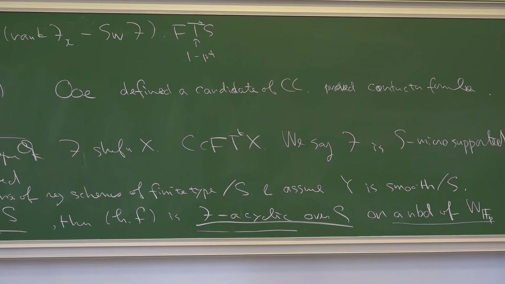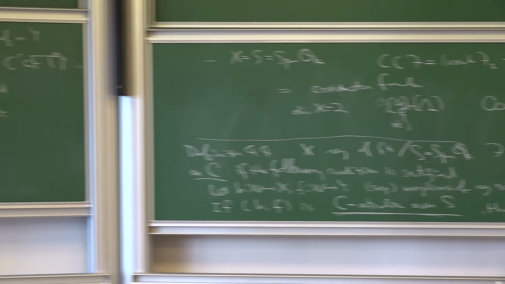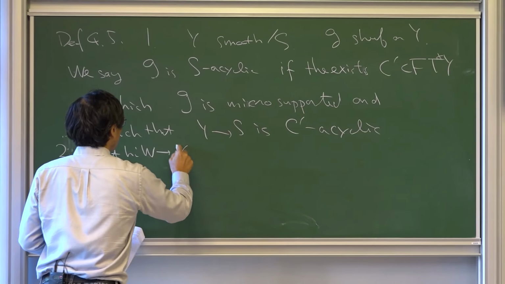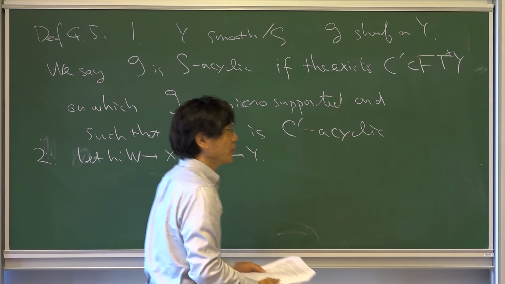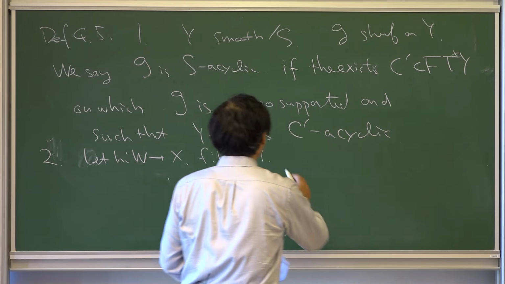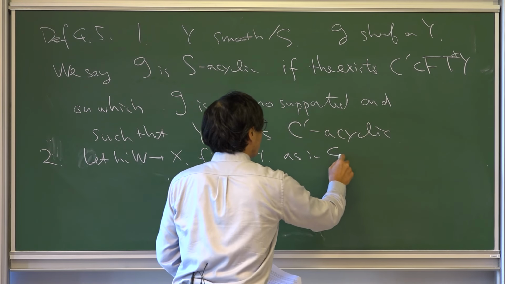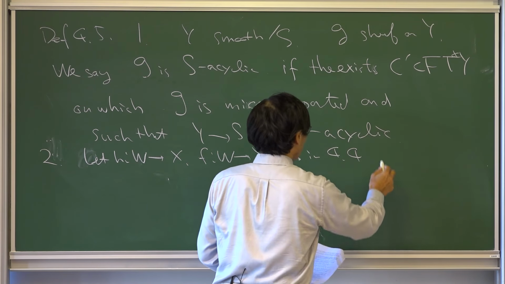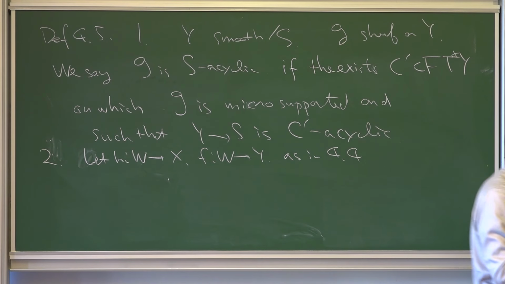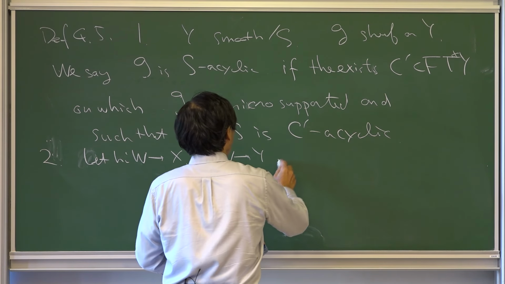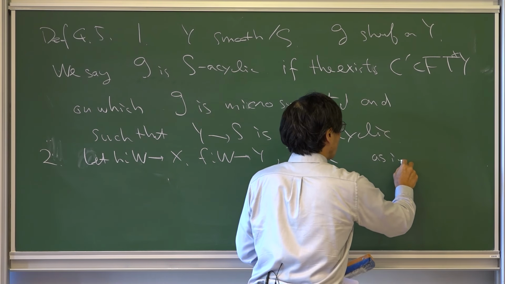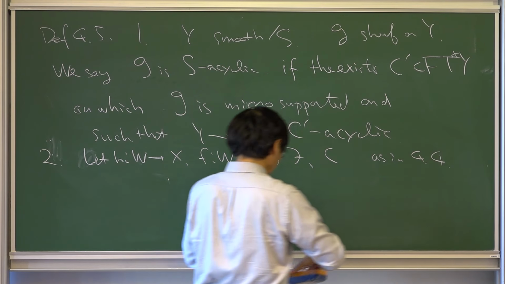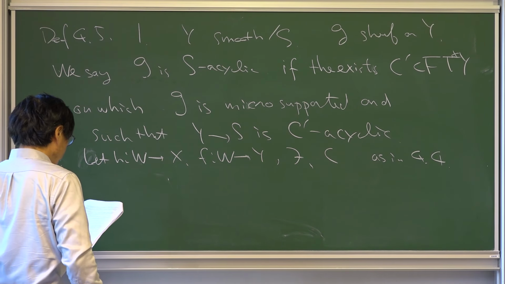So we have H and F as in 2.4. And also I also need F and C. Okay.